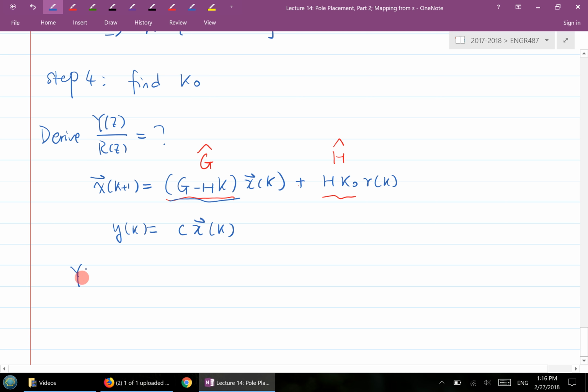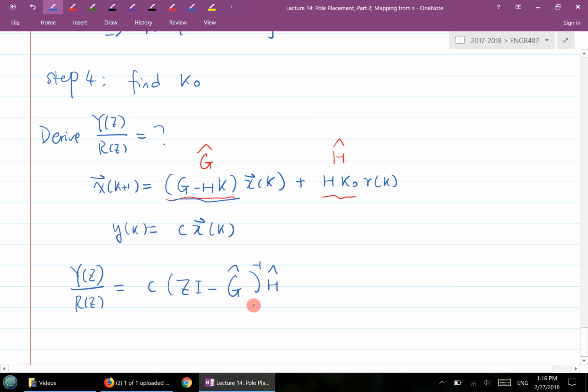So your Y of z over R of z is C times (zI minus G hat) inverse times H hat. This is the same kind of formula as when you have a state space model and reverse back to the pulse transfer function.